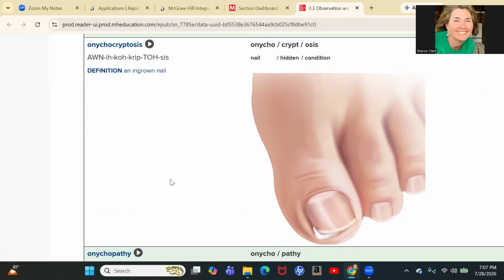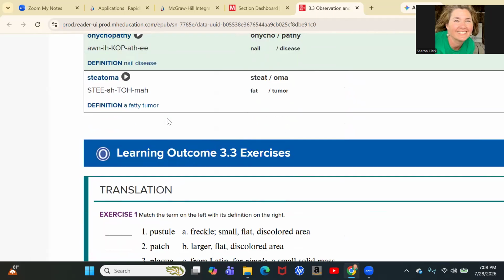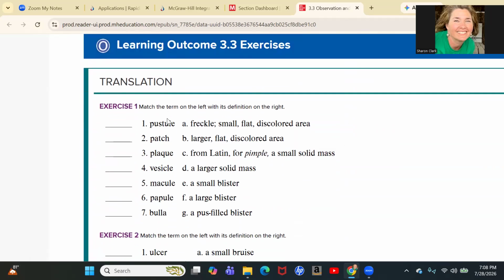I hope you haven't had this, but it is also known as an ingrown toenail. Let's break this down. Onycho meaning nail, crypto meaning hidden, and osis meaning abnormal condition.